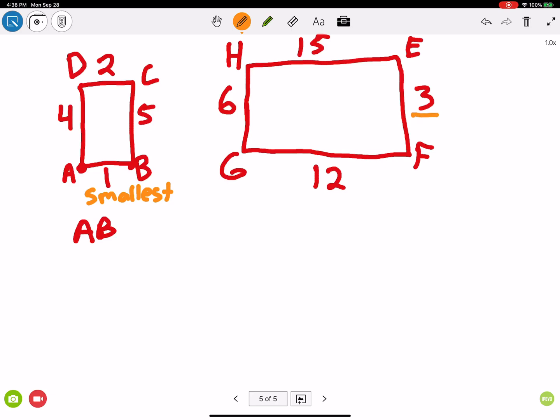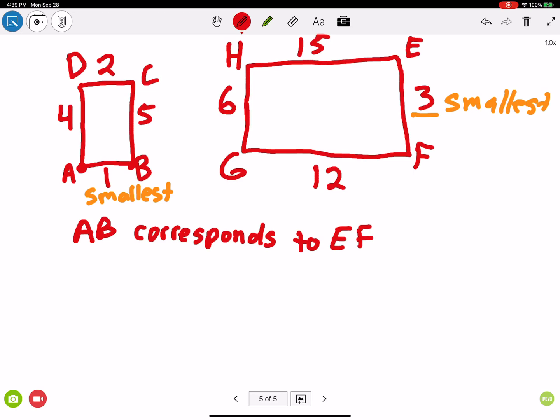It's 3, right? 3 is smaller than 6, 15, and 12. So this is the smallest. So in this case, we would say that AB corresponds to EF, okay? That's telling me that this side right here, AB, corresponds to EF. So if we ever make any sort of proportion, we would be comparing AB and EF in some way, okay?